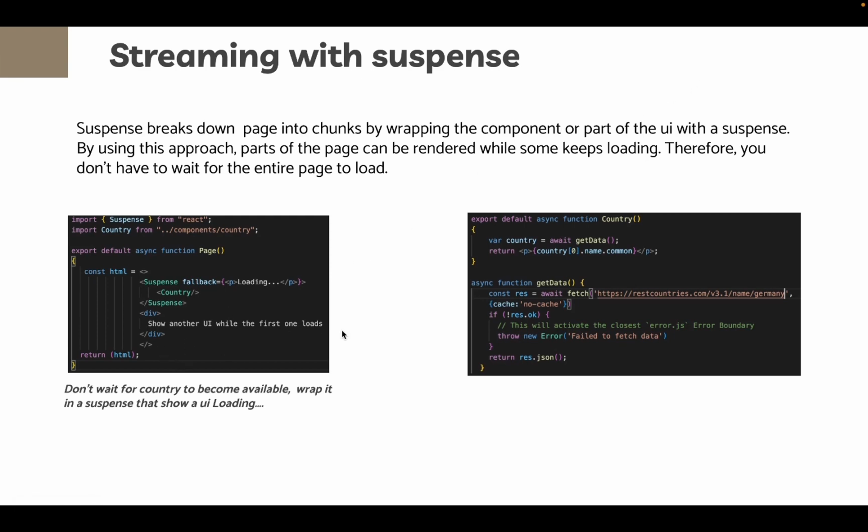Just as you can see on the screen, in the code on the left, we have a suspense that wraps the country component. The country component is coming from the page on the right.